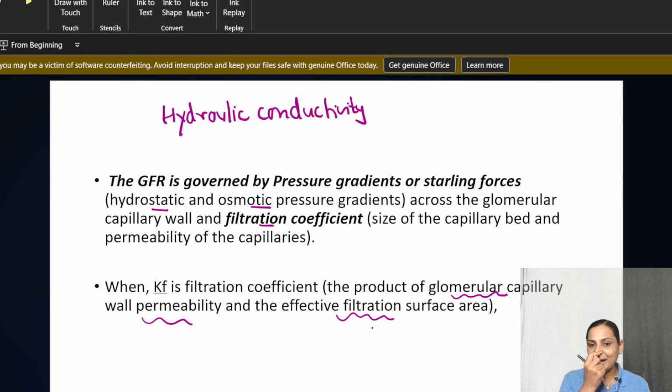If these two factors are affected, the filtration coefficient will be decreased. And if the filtration coefficient, that is Kf, is decreased, there will be a decrease in GFR, right? So these are the four forces, the net filtration pressures and the filtration coefficient, which make up the equation of GFR, which you are supposed to write.